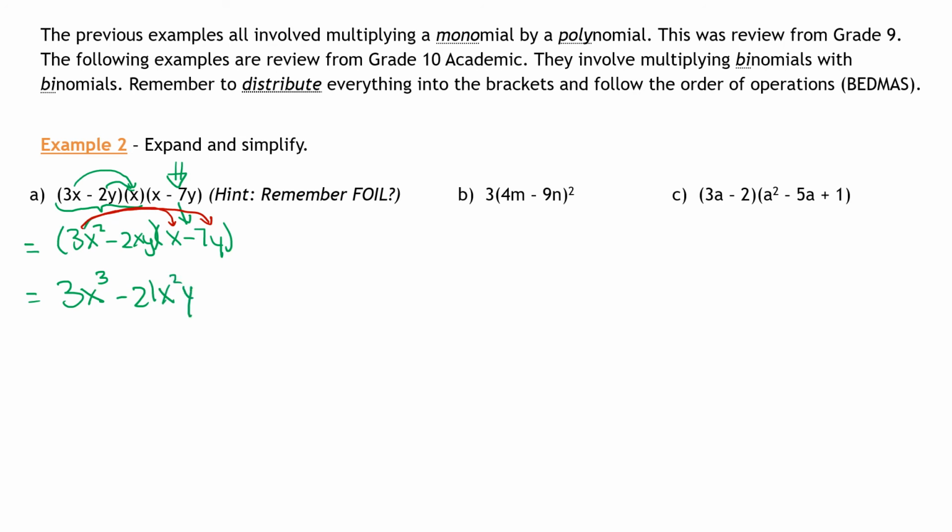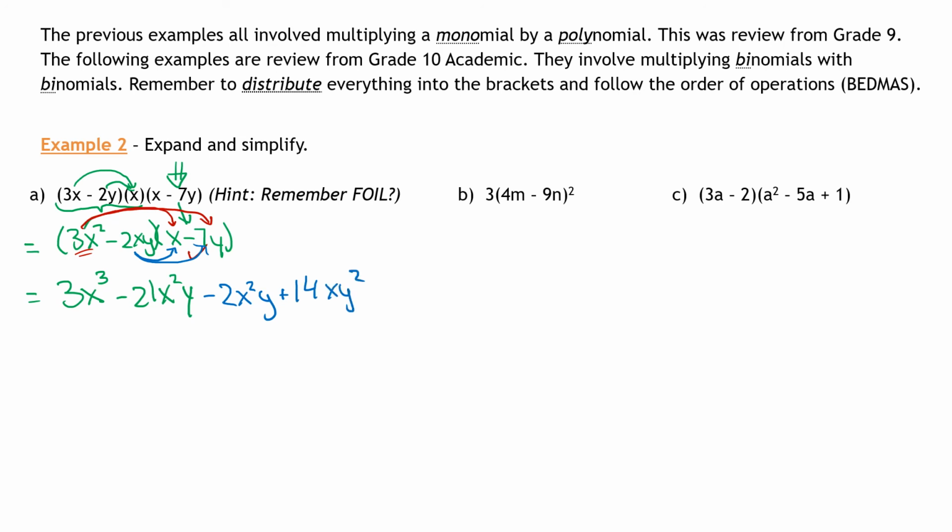Now we've taken that 3x squared and we've multiplied into both terms of this binomial, so that part's done. Now I'm going to go on to the negative 2xy. I'm going to multiply it with the first term. That's going to give me negative 2x squared y. And then by the last term, that'll be a positive 14xy squared.